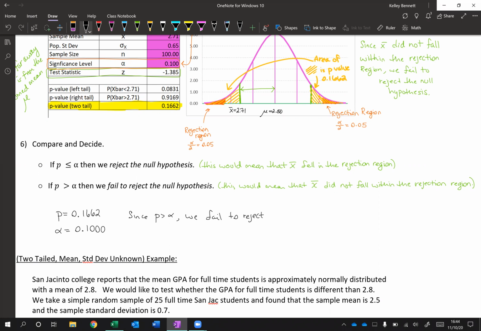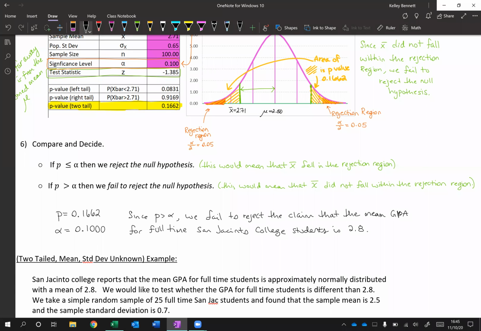What's the null hypothesis? We fail to reject what? We fail to reject the claim, because remember, a hypothesis is really kind of a claim that the mean GPA for full-time San Jacinto College students is 2.8.